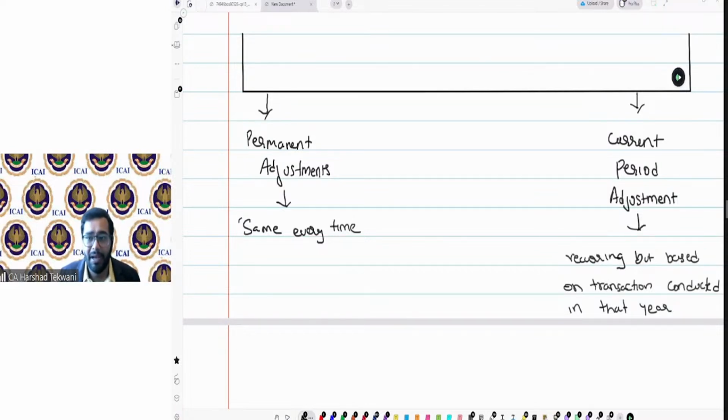In case of permanent, the same amount does not change from year to year, but the current period adjustment amount changes from year to year. Clear, guys? Any doubt with respect to whatever we have discussed?